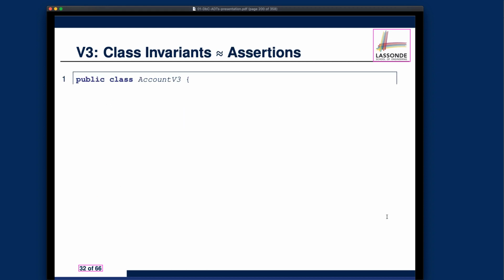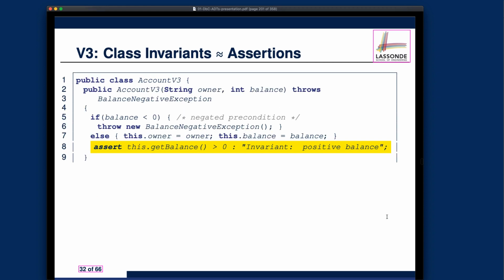Okay, so now we've got account v3, version 3, and the only thing that's new is for the constructor over here. Remember the negated precondition from the previous version, and now we're adding to it. We do the normal implementation over here: if the error does not occur, we initialize the owner and also the balance.